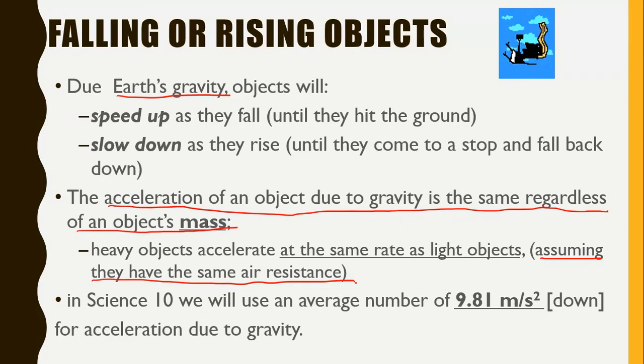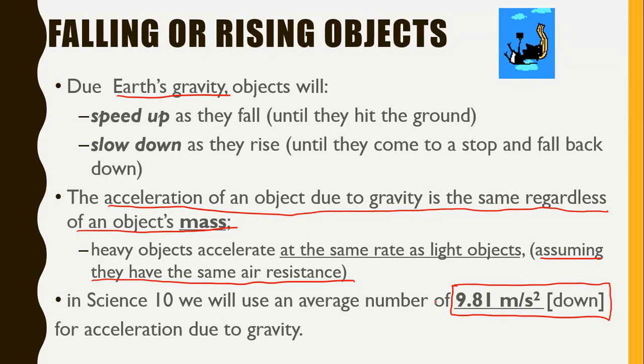And the rate that things fall on Earth is 9.81 meters per second squared down. Anytime something is falling, we use this as the acceleration. 9.81 meters per second squared. This is the acceleration due to gravity.